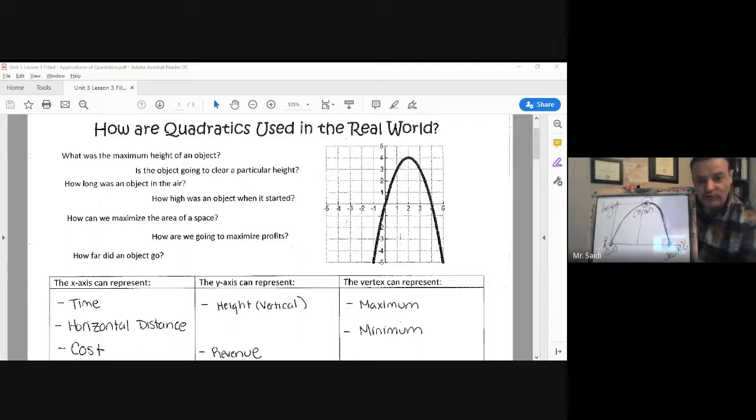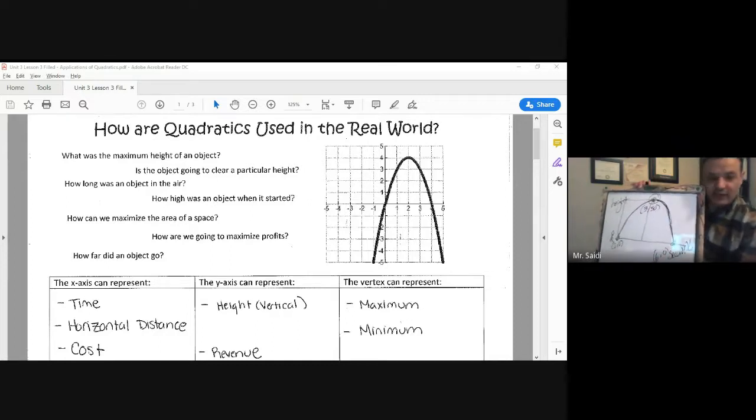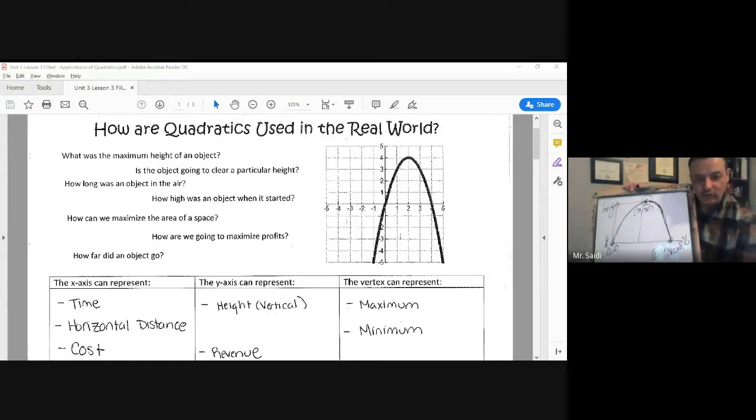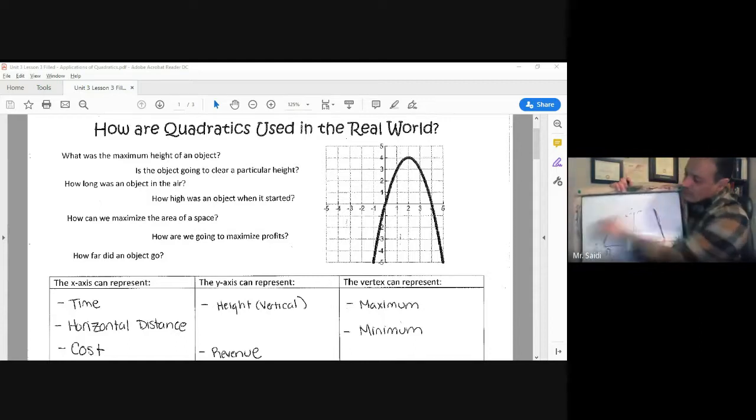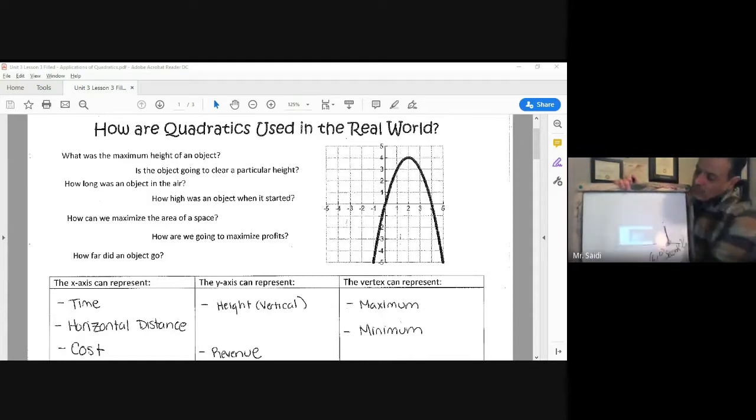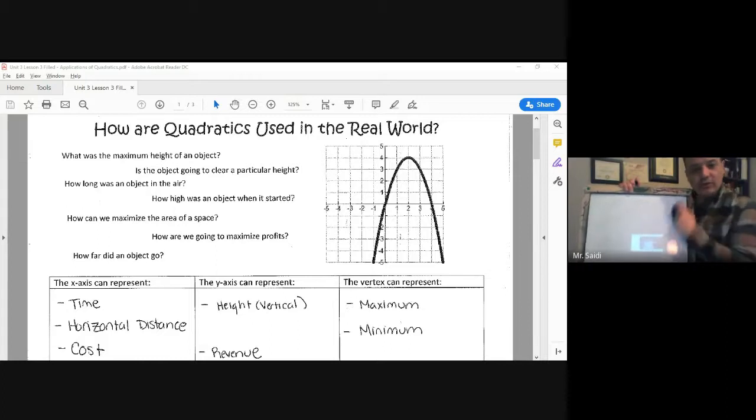You can answer how long it took to hit the ground. Let's say this point is 6, so it took 6 seconds for the ball to go in the air, come down, and hit the ground after he kicked it. So simply understanding and interpreting the function. Sometimes you might have to get the function yourself, but sometimes the function is provided to you and you just need to apply it.